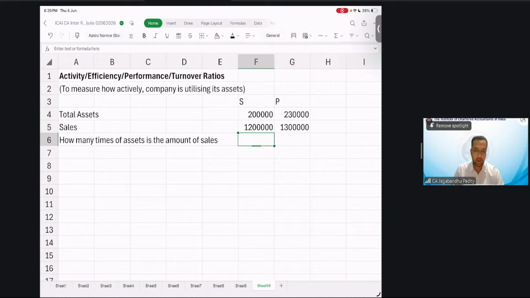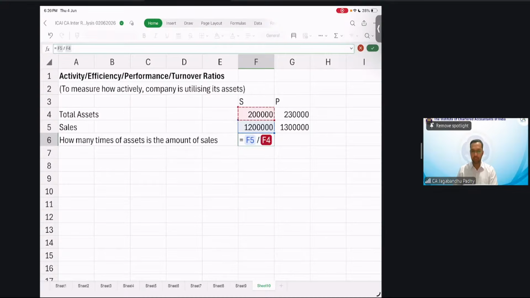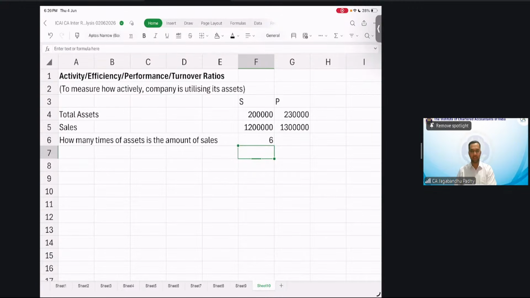So we want to know how many times of assets is the amount of sales. Can I say the sale is 6 times that of assets when it comes to S, and for P, it is 5.65. So which company is more actively utilizing its assets?